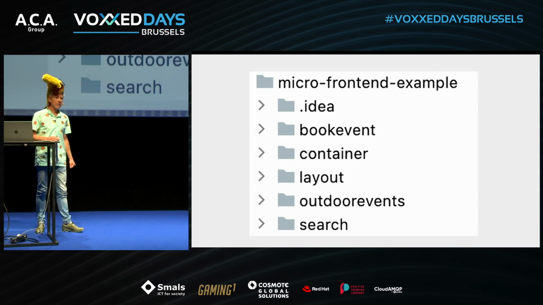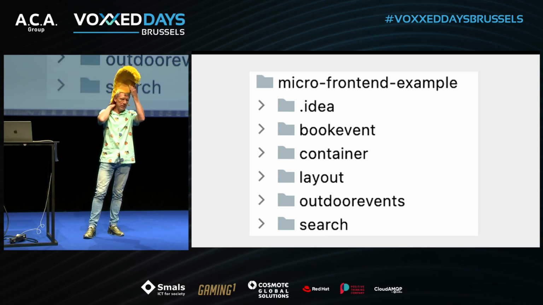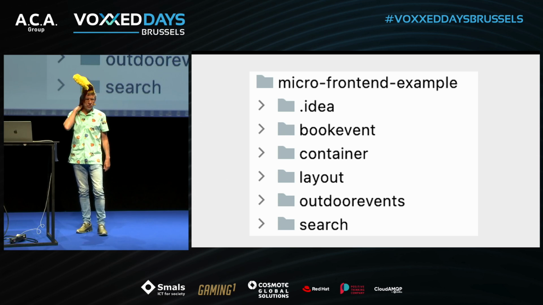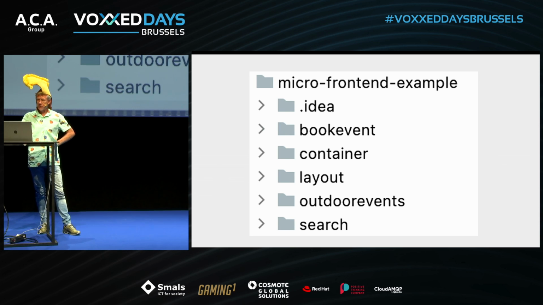Finally, I have generated my micro frontend app in this way. You have this structure now: the book event for the detail page, and the container, and the outdoor events, and also a layout for the header and the footer. That's nothing more than that.